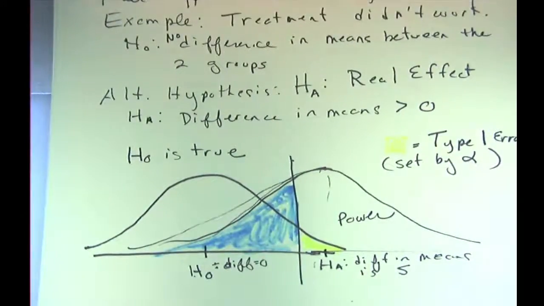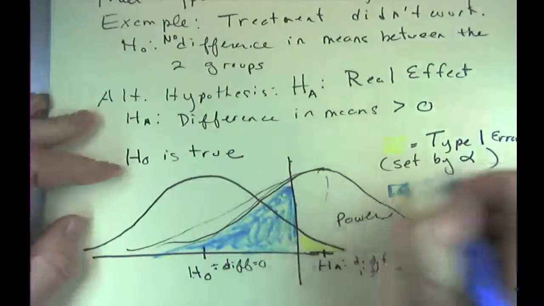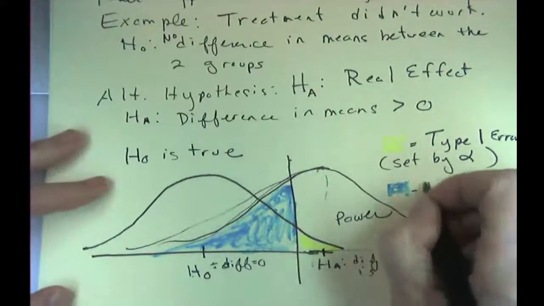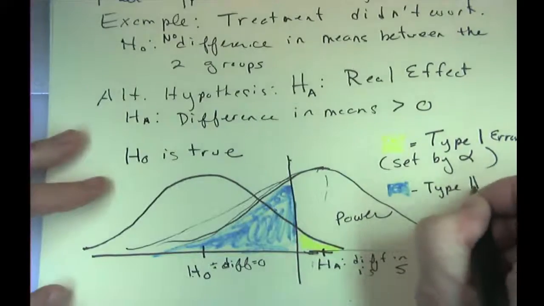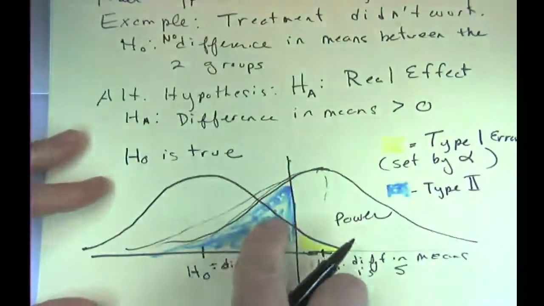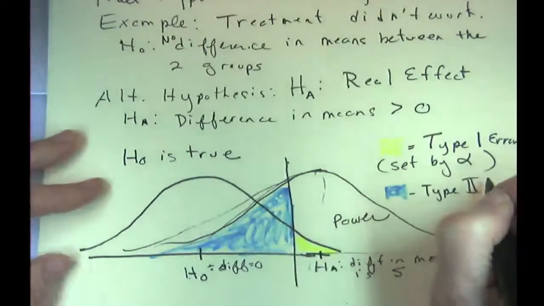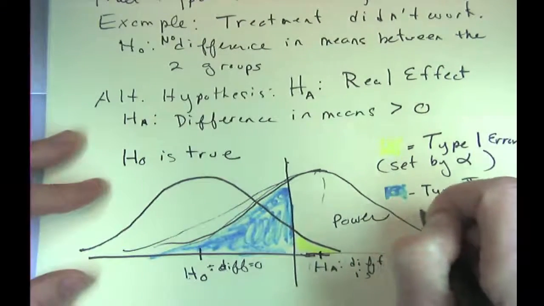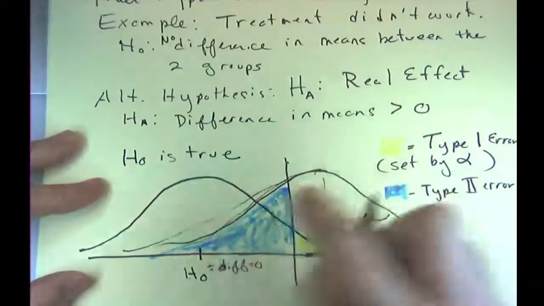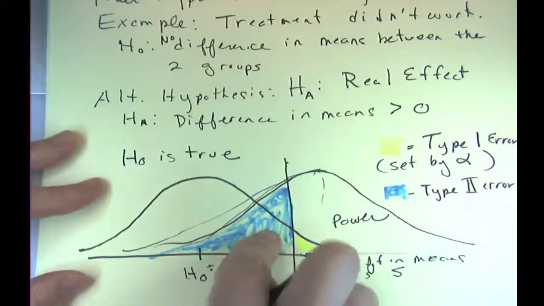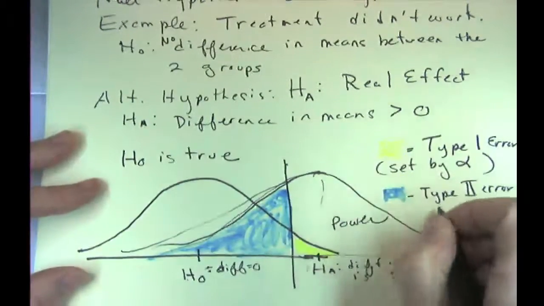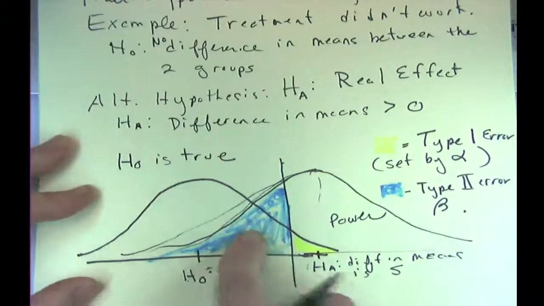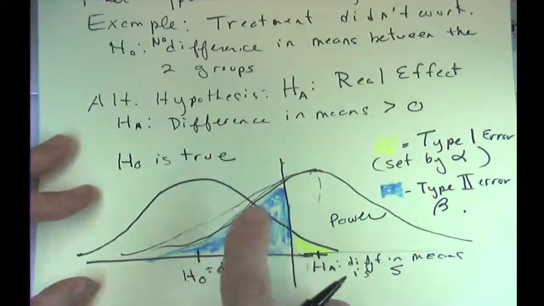So that's what's called the type 2 error. The area of that is the probability of making a type 2 error. We have to calculate that for each particular alternative hypothesis, and it's called beta. So what we're going to do today is calculate that probability.